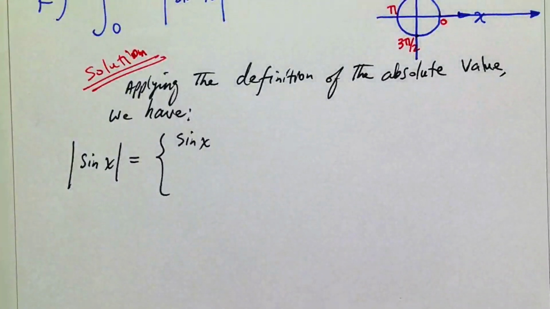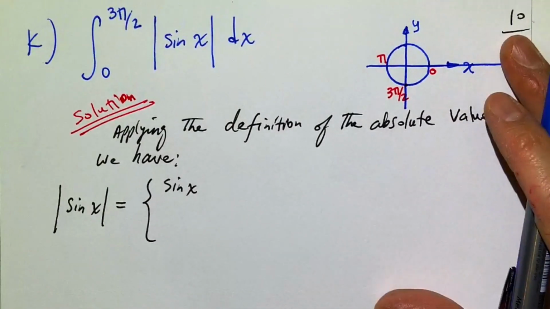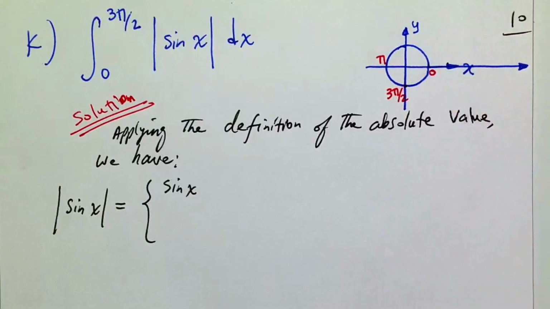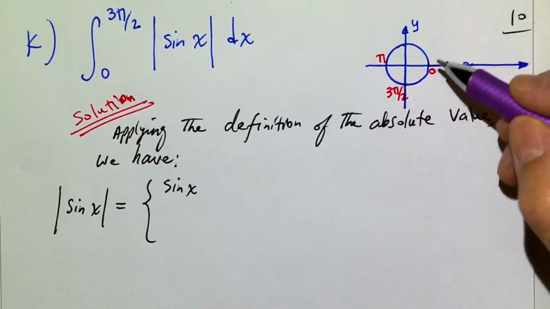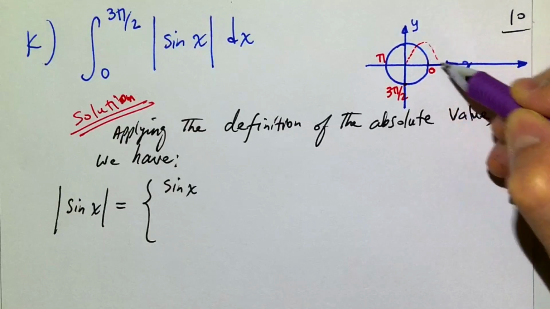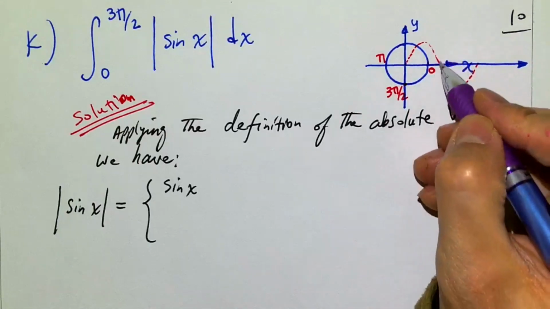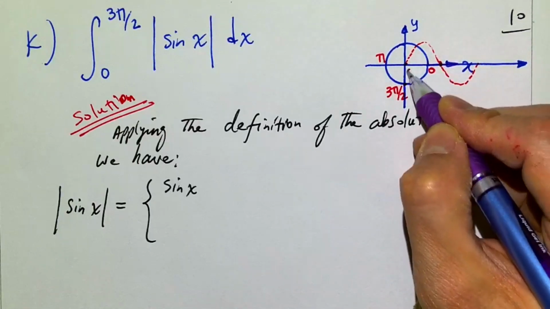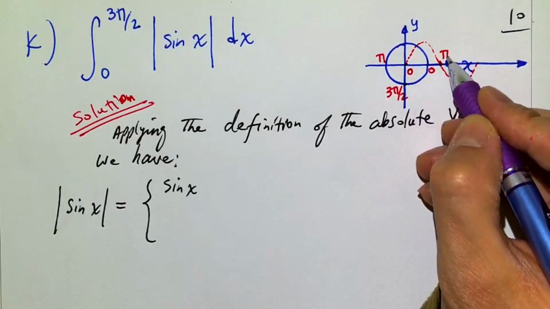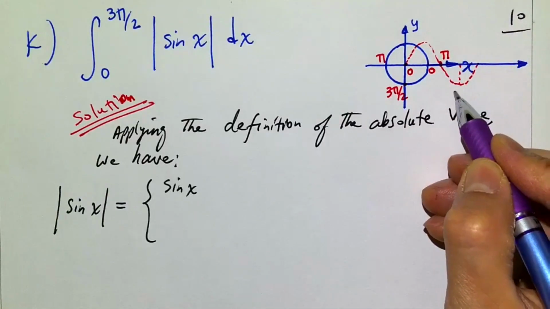So we need to know where sine is positive and when it's negative. I'll show with my red ink here. If we draw a sine wave like that, we know that the sine function is 0 at 0 and pi, and then 3 pi over 2 will be right here.